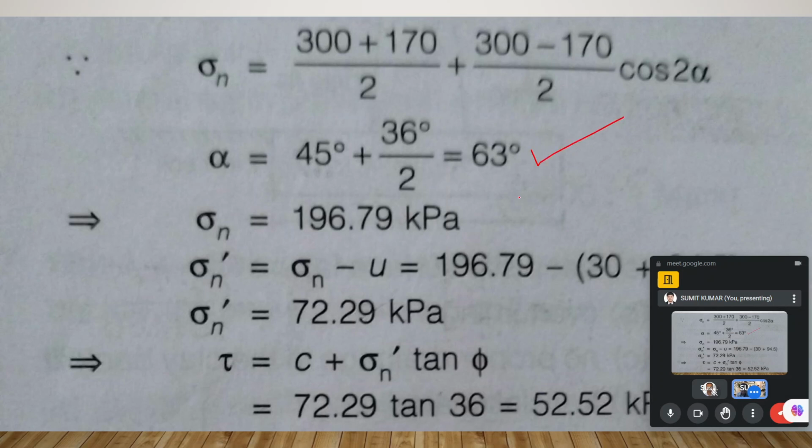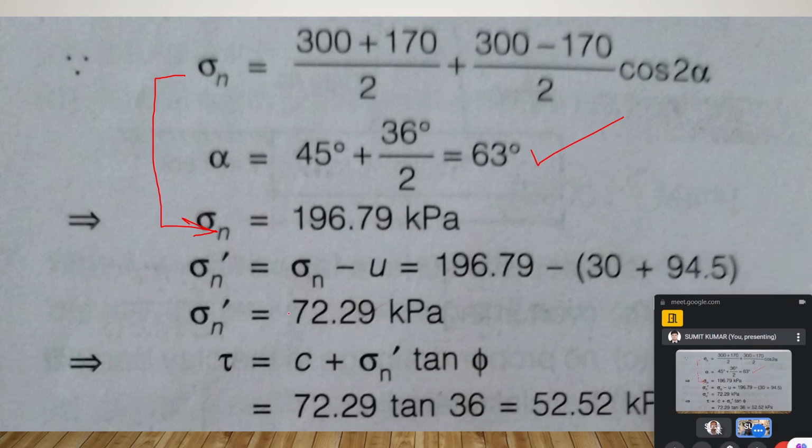From this interrelation we are able to calculate the value of sigma n, and when sigma n is calculated we are going to calculate sigma 1 dash by finding sigma 1 minus u, and with this we are able to calculate the value of sigma 1 dash as 72.29 kilopascal. From this we already know tau equal to c plus sigma n dash tan phi. Using those interrelations we are able to calculate the value of shear strength.